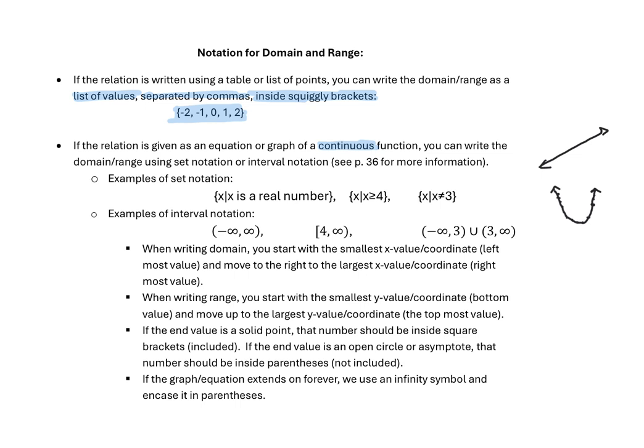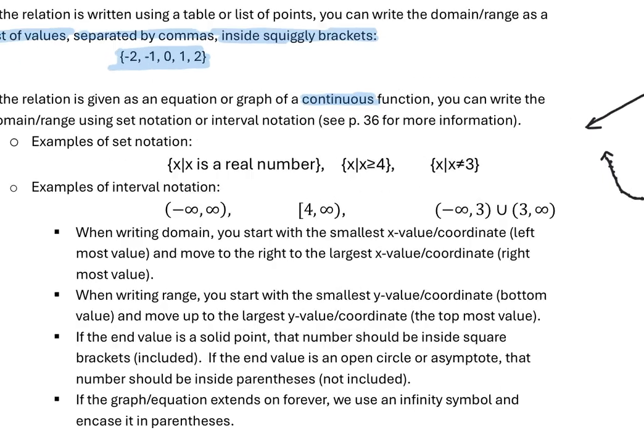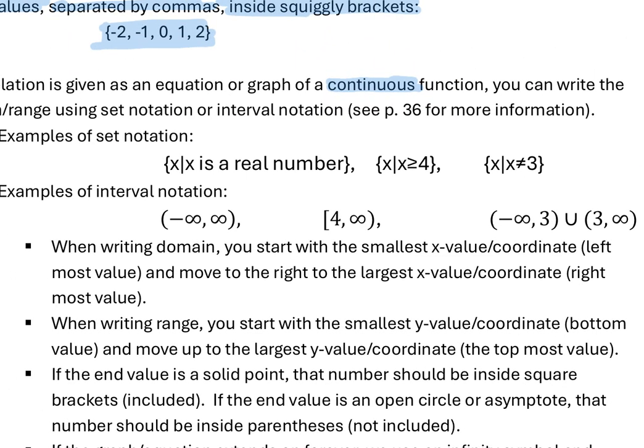Examples of set notation, we can say things like x such that x is a real number. So set notation, these are going to be the basic things that we need for set notation. The first thing we need is we need our variable. So for instance, all of these are going to be examples of domain.